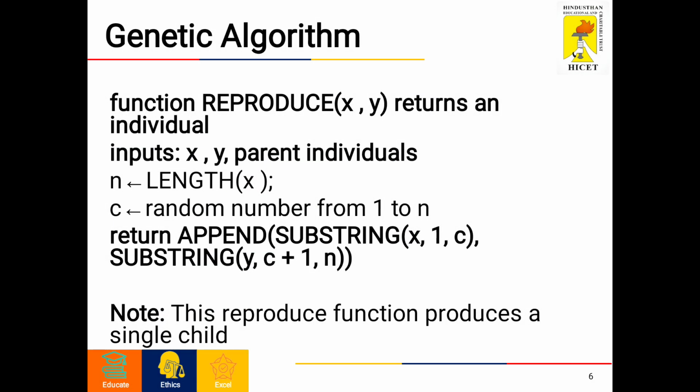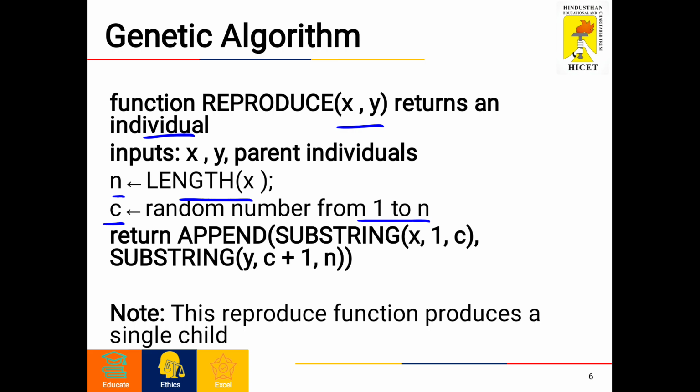Now the genetic algorithm's reproduce function. As I said before, it takes two parents x and y and produces an individual. First, we calculate the length of x and assign it to n. A random number between 1 and n is generated and saved in C. C acts as the crossover point.